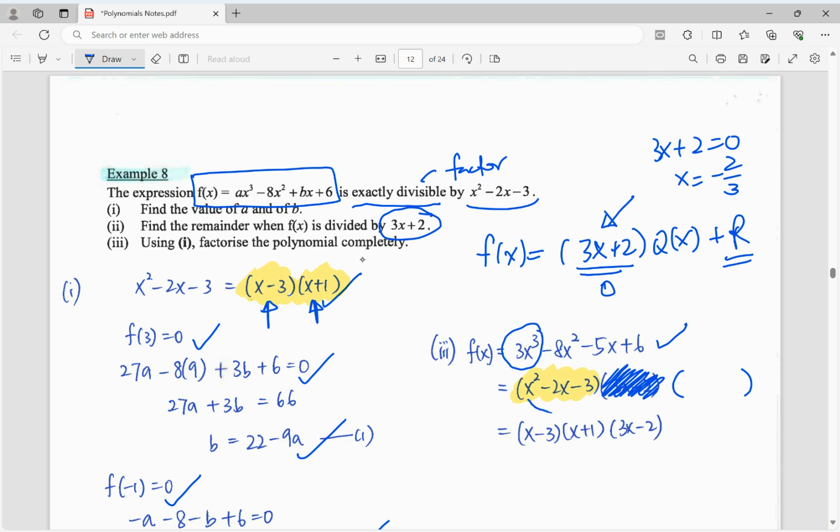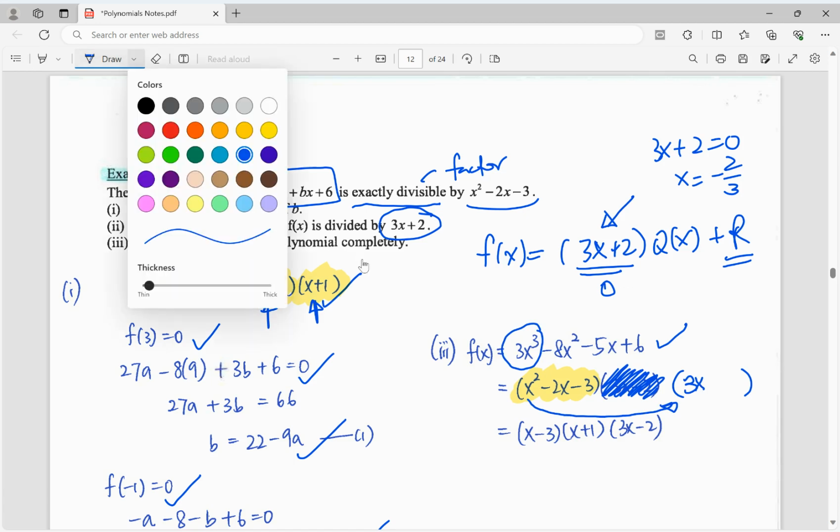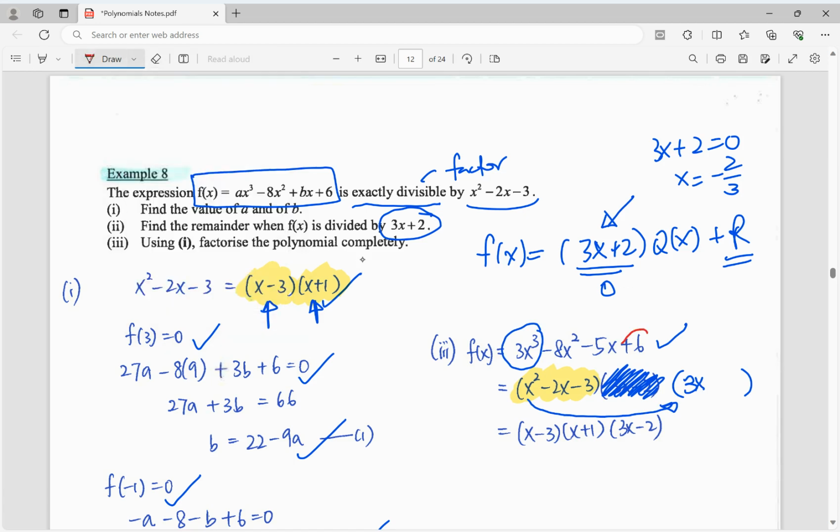In order to get 3x cubed, I will have to take x squared multiplied with 3x. Next, I make use of the constant term in the polynomial, which is positive 6. In order to get positive 6, I have to take negative 3 multiplied with negative 2. And that's how I can find my third factor.